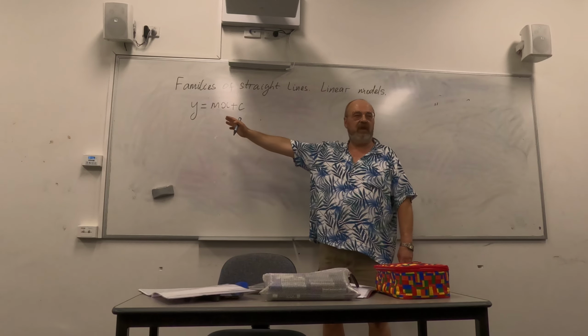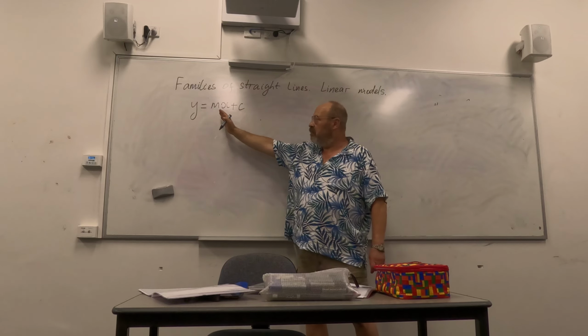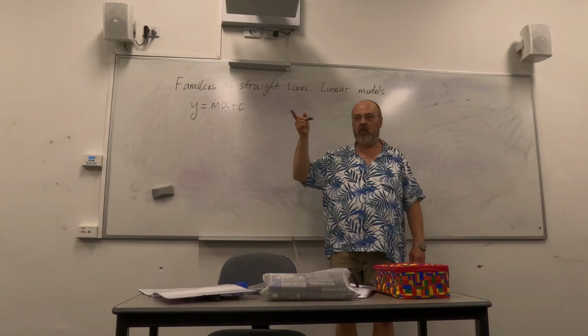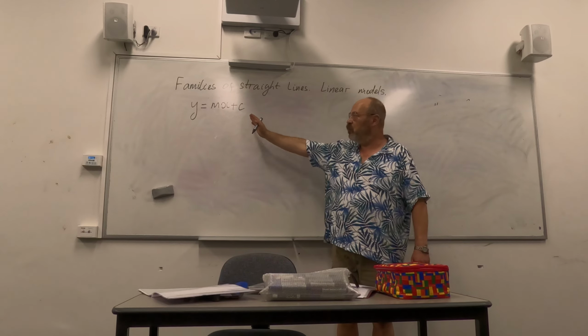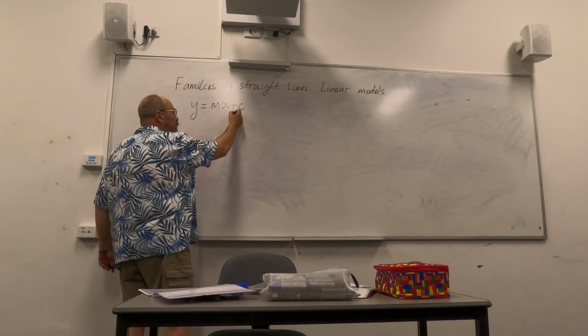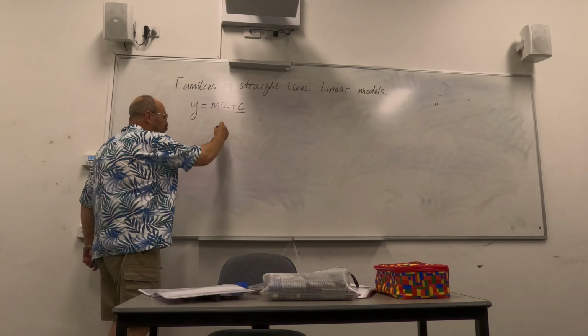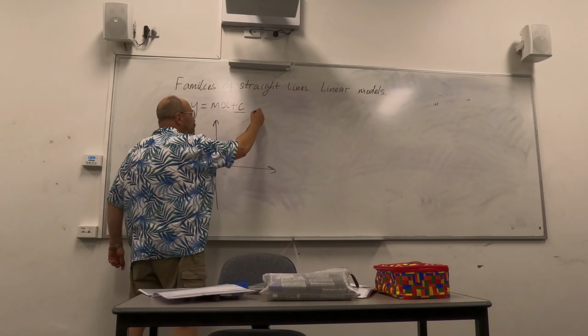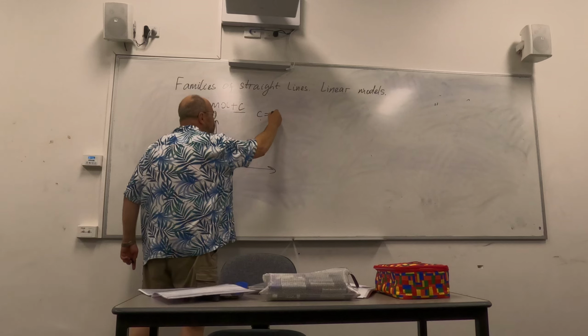The families of the functions with the same gradient we will look at on Thursday. Today we're looking at this. So for example, lines have the same y-intercept. If you look on the graph, let's say c equals 3.